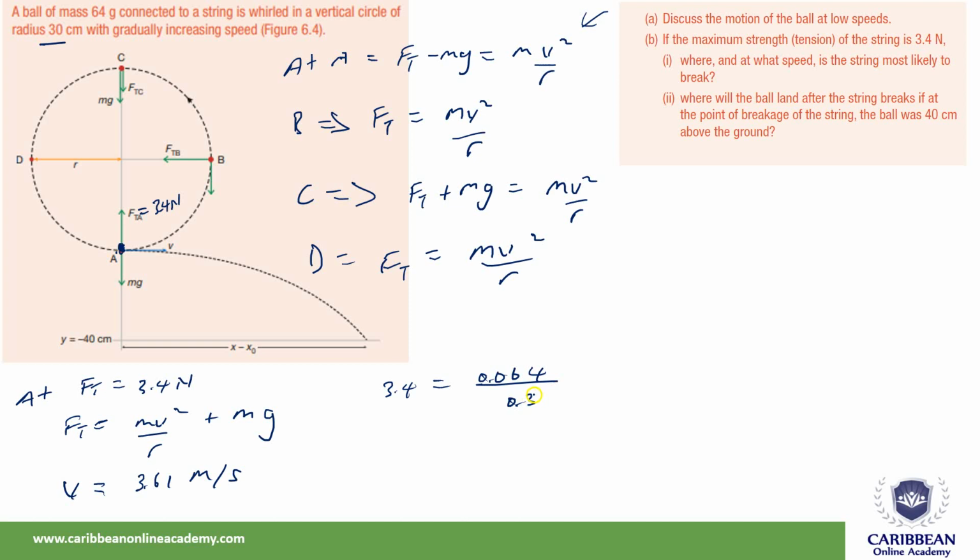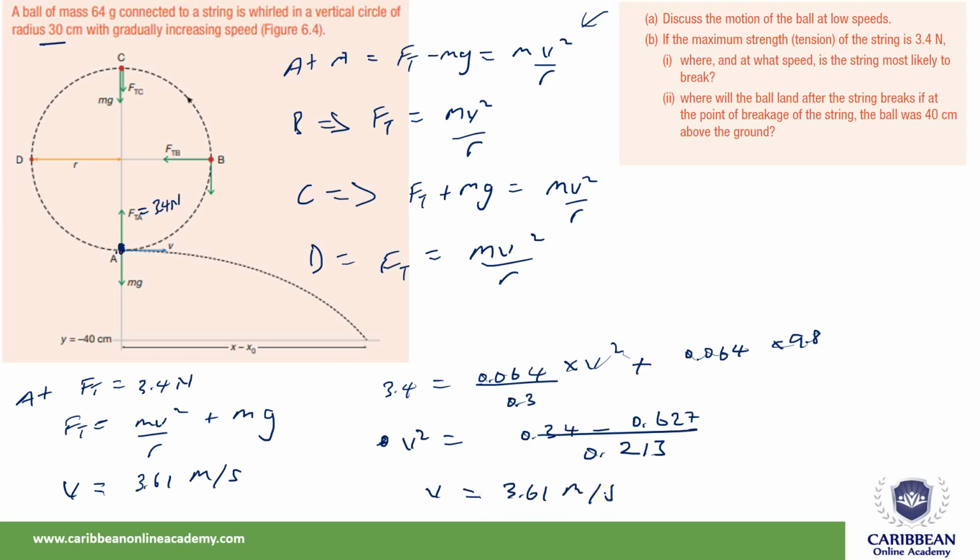Yes, the radius was 30 centimeters, which in meters is 0.3, and we're multiplying that by v squared, plus the mass times g, which is 0.064 times 9.8. So you should get that v squared is equal to 0.34 minus 0.625 divided by 0.213. So in essence, that's how we get that v is equal to 3.61 meters per second.